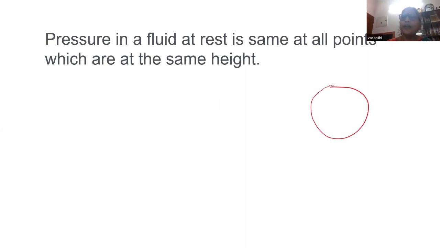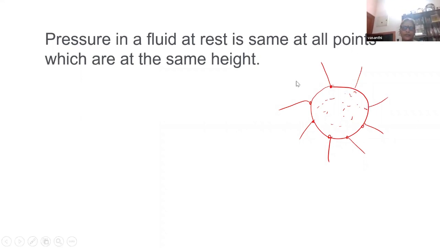You take a rubber ball, fill it with water, and make holes in it. If you press the rubber ball, the water will come out in all directions with the same pressure. Many of us would have played with a ball filled with water, poking holes on the ball.